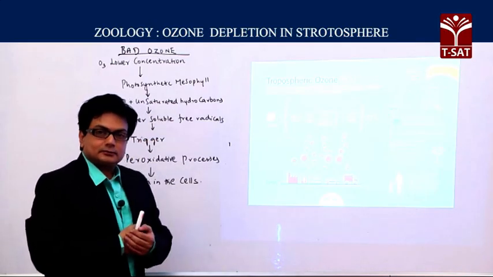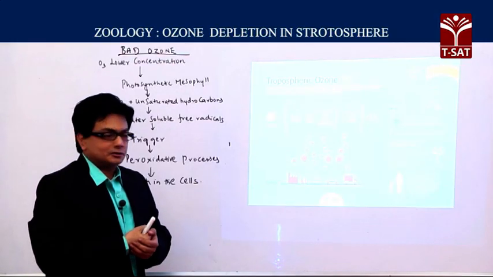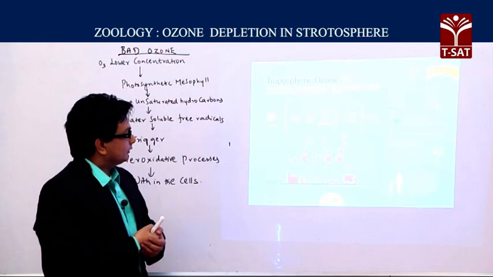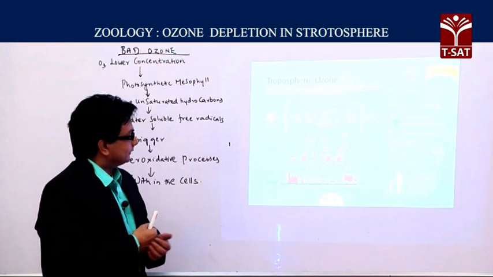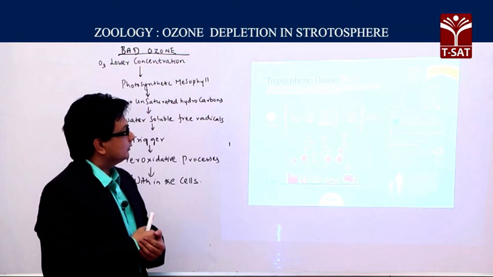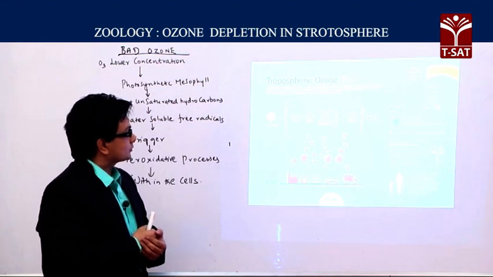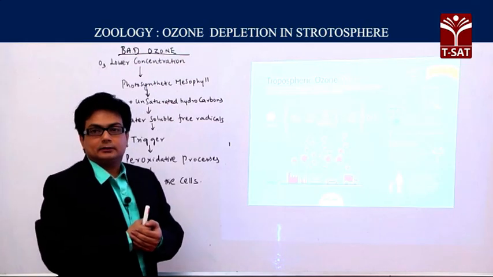To my left side, there is a pictorial representation where you can understand that the formation of O3 in the troposphere is certainly a product of pollution.